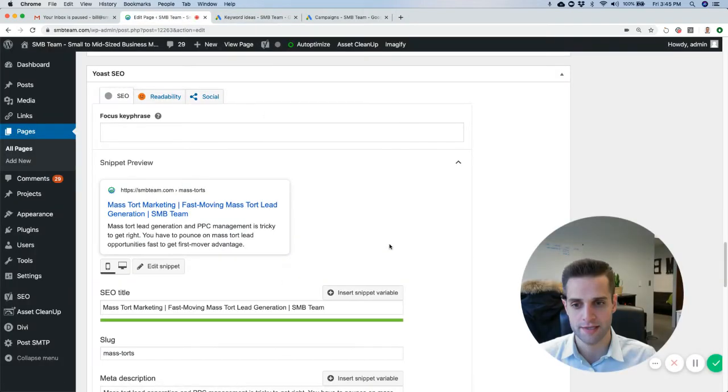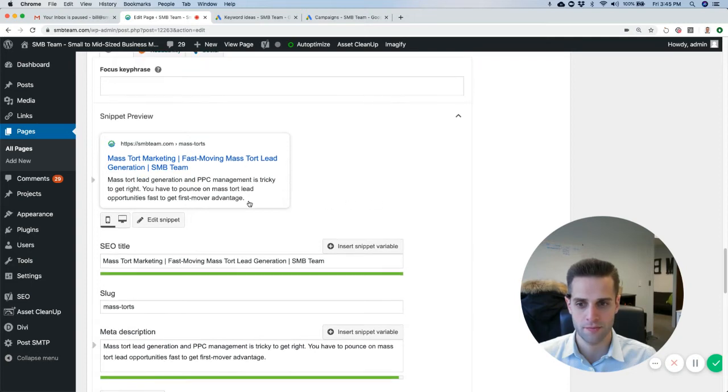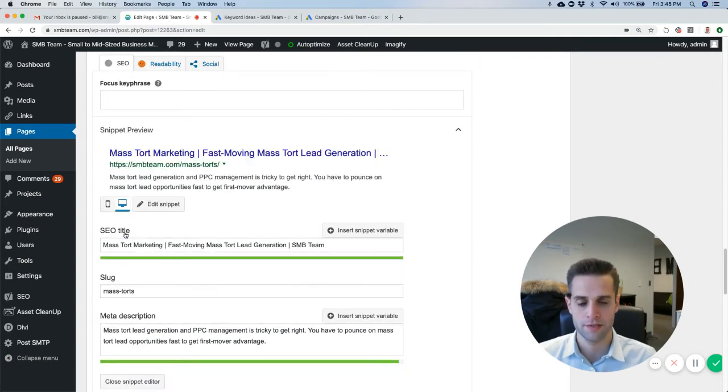So in this case, here is how we structured our meta title and description. This is what it looks like on mobile. This is what it looks like on desktop. Now, believe it or not, for us, we get the majority of our quality leads through desktop users when we're marketing to lawyers or professional services individuals.